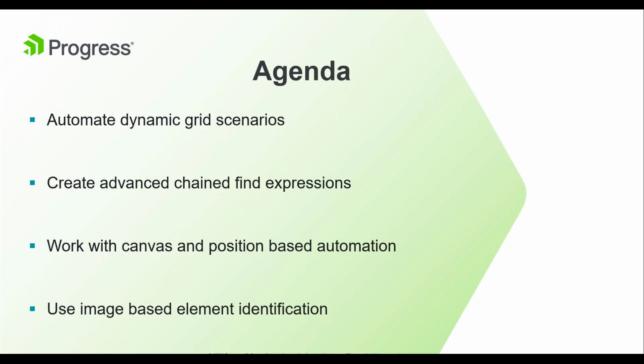And here, one of our latest additions, the image-based element identification, will come in handy and kick in, and show you how it could be quite useful, especially for verifications of actions within the canvas element.